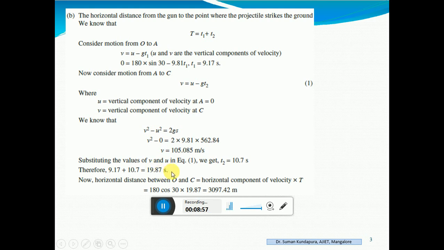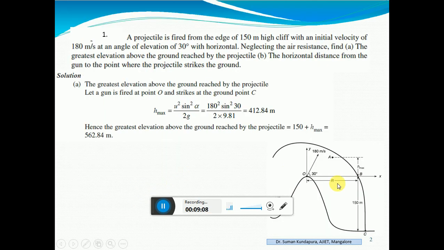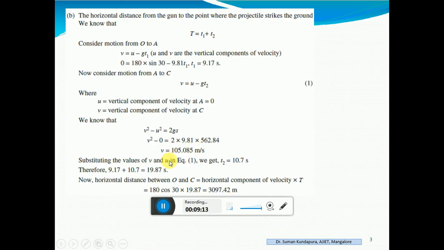So now what are we interested in? We are interested in the horizontal distance from the gun to the point where the projectile strikes the ground. That is the distance from point O to C. So it is the horizontal component of velocity into the total time taken. The horizontal component of velocity is given by u cos theta, our initial horizontal component of velocity.